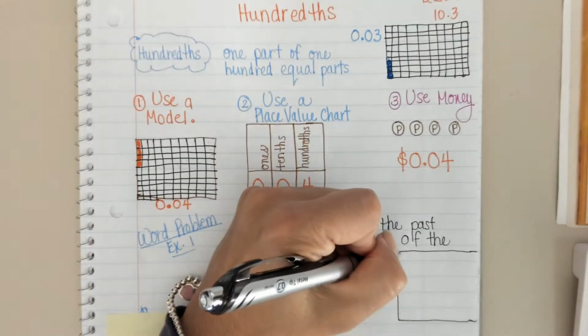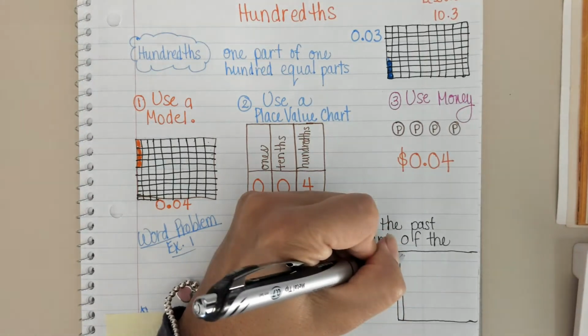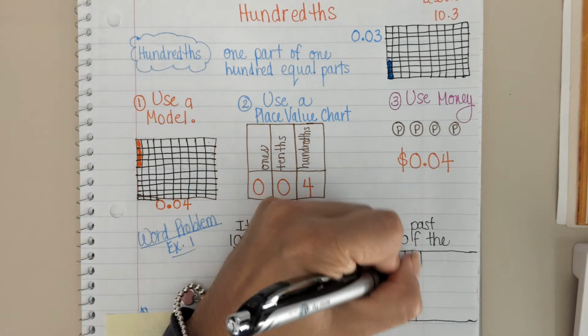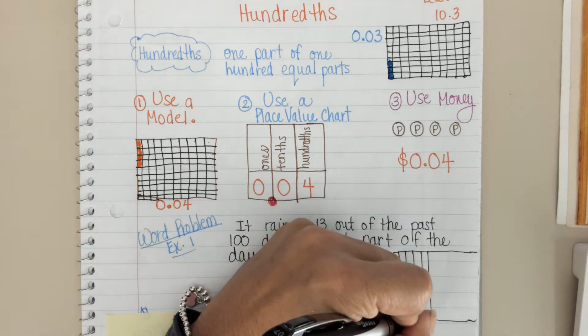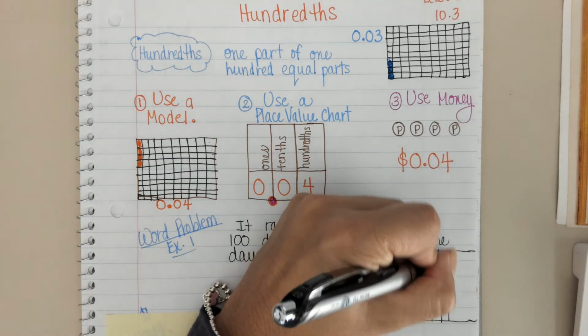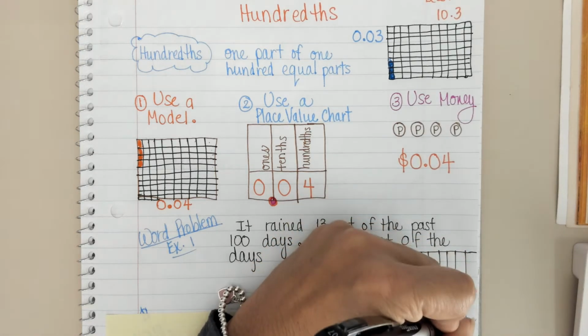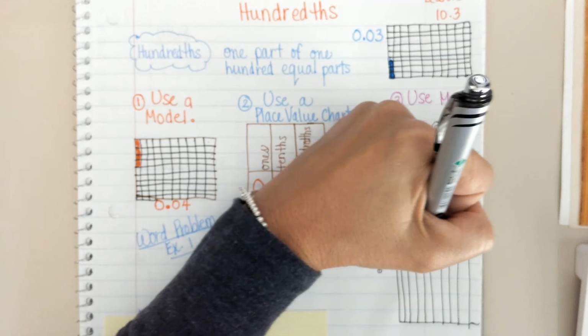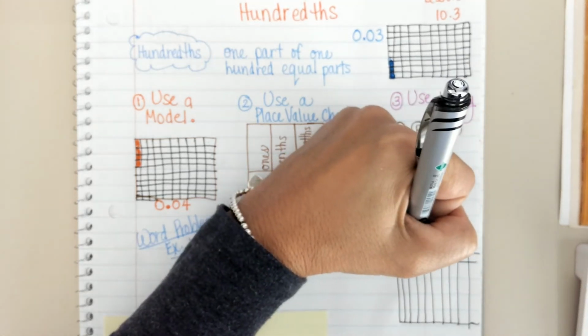And again, we practice trying to make 10 equal size parts. Some are a little bigger than the others. That was 10 parts.